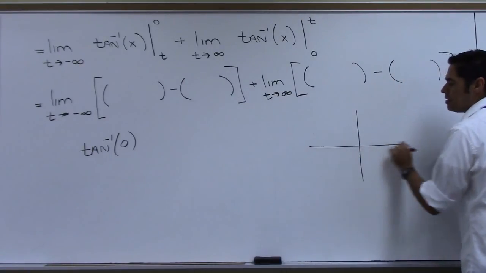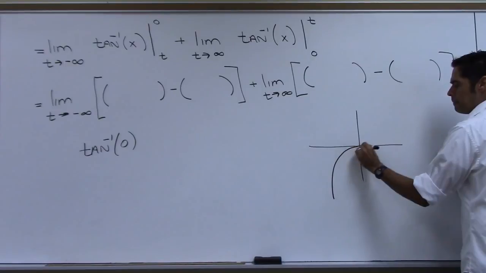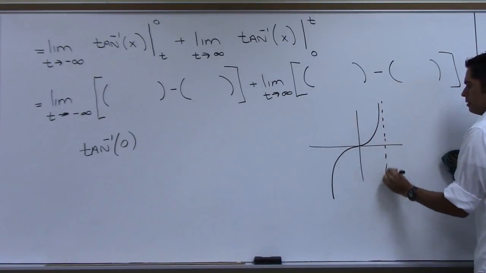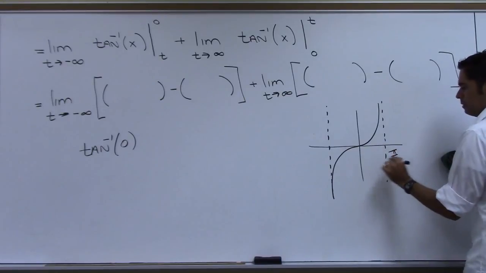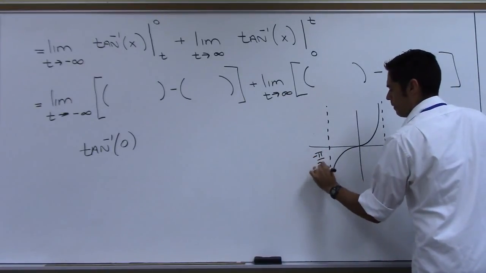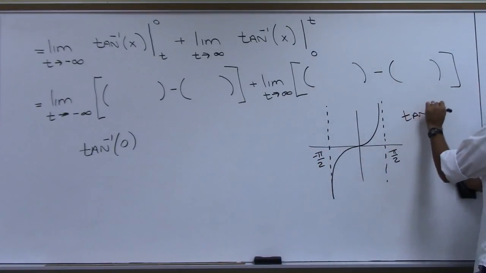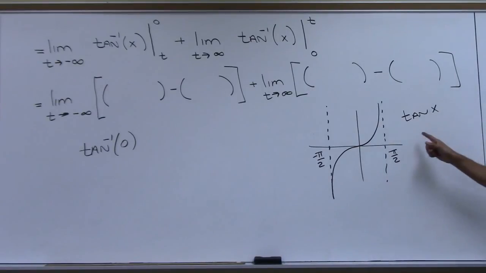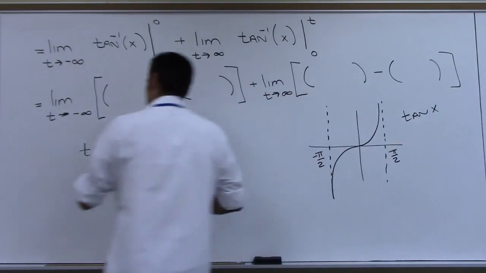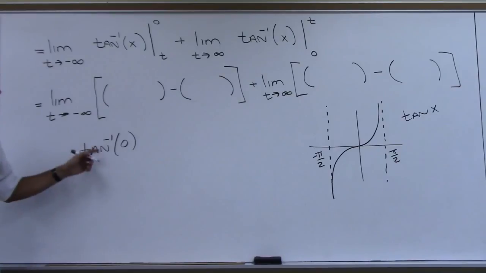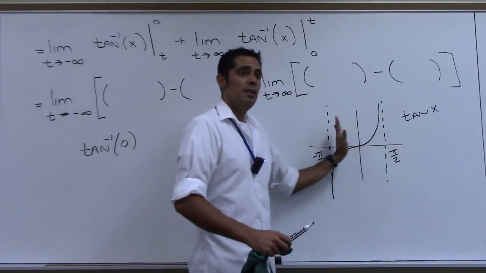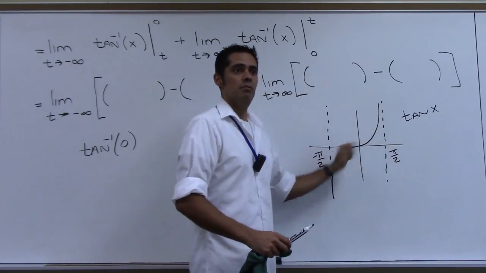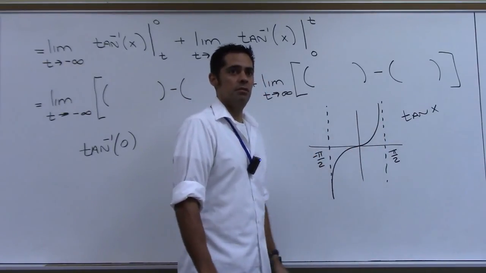If you know what tangent looks like, and you need to know what tangent looks like, this is tangent x. Then when we're asking what is arctangent of 0, you're saying where is the y-coordinate 0 on this function?